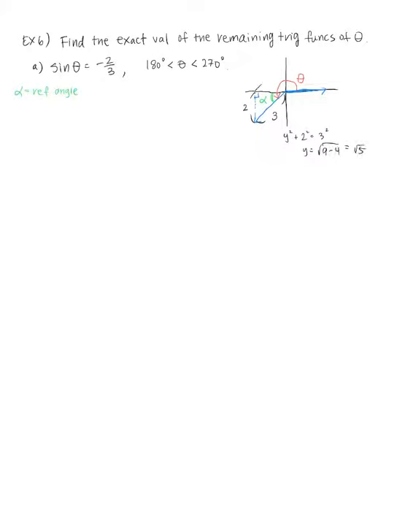But anyways, from here to here is square root of 5. So this point right here, in terms of x and y, or a and b, x is going to be negative, so it's going to be negative square root of 5, and then negative 2. So that's the point on the terminal side.